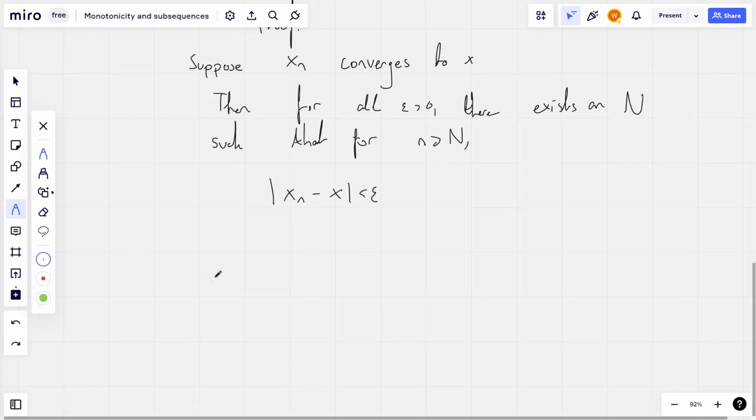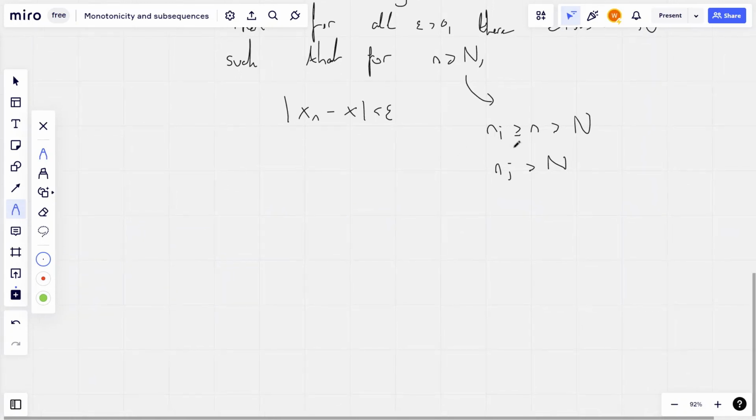Okay, so first thing to note is that for a subsequence, since we need to have n1 less than n2 less than n3, and so on for our indices, we have that every index of the subsequence is greater than or equal to the index of the sequence itself, which is greater than N from what we had here. That is, nj is greater than N itself, because we can just ignore this term.